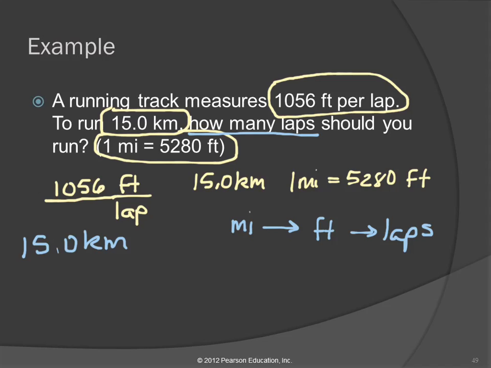Now what do I do? I get kilometers and miles. 1.609, I might have to go look something up. So 1.609 is equal to 1 something. But is it 1.609 miles or 1.609 kilometers? So 1.609 kilometers is equal to 1 mile.